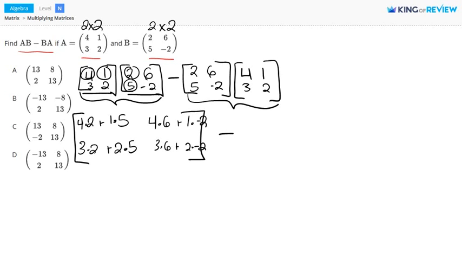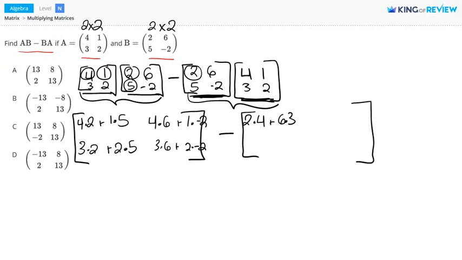And now let's set up the product matrix for these second two matrices. Again, we need to remember we're going to multiply corresponding entries in the first row of the first matrix times the entries in the first column of the second matrix, and then add the two products together. So for this one, we're going to have 2 times 4 plus 6 times 3.